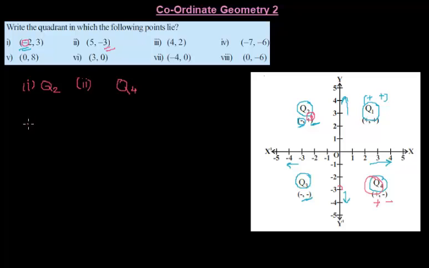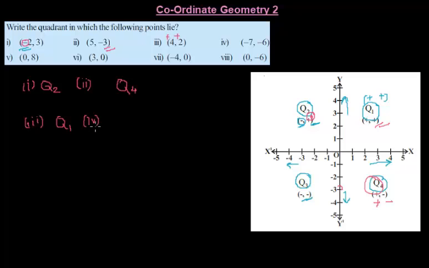Now let us see the third one. The third one is 4, 2. You can see that both the abscissa and the ordinate have positive signs. Therefore, this belongs to Q1 quadrant. I can write it as Q1. Now let us see the fourth point.